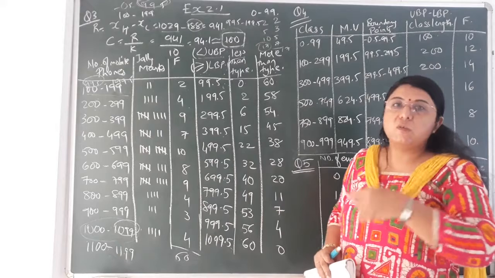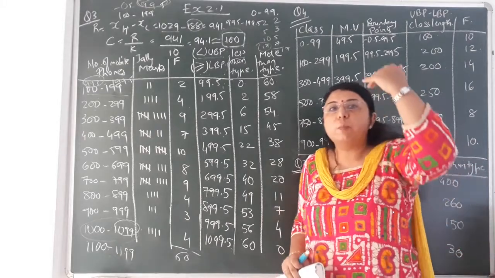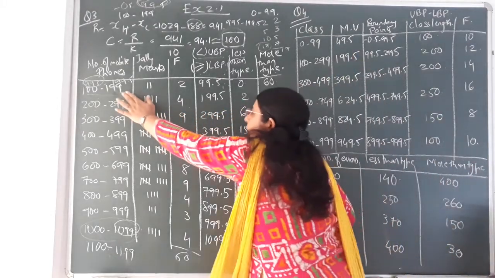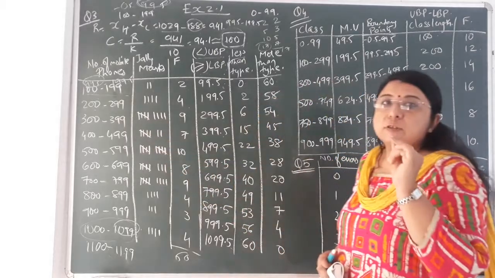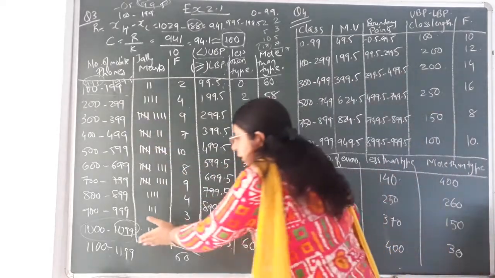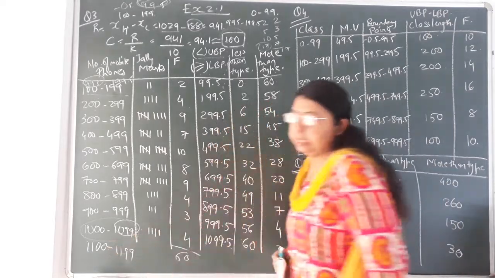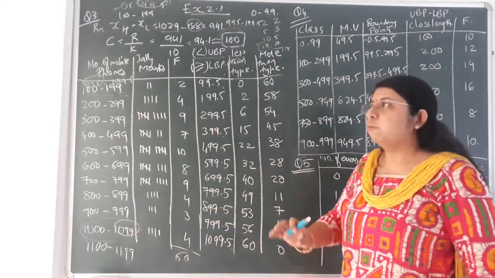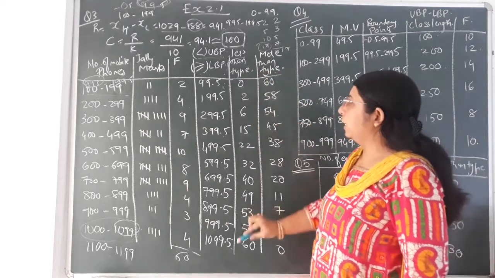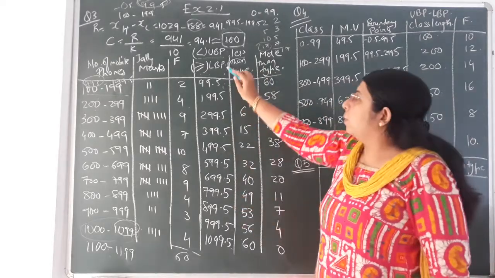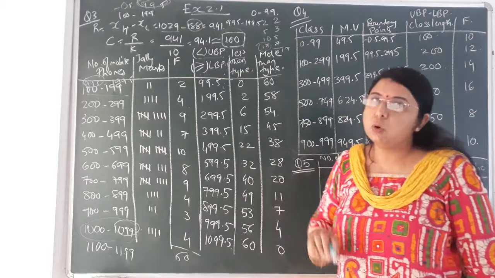That's why in the case of the less than type, we have to start from the previous class, then whatever classes have been given to you. And in the case of the more than type, we have to extend up to one more class and take that lower boundary point. That much you have to remember while finding the less than upper boundary point and greater than or equal to lower boundary point.